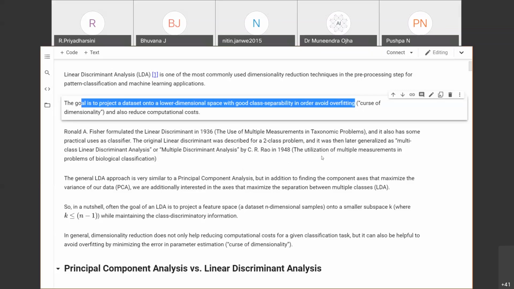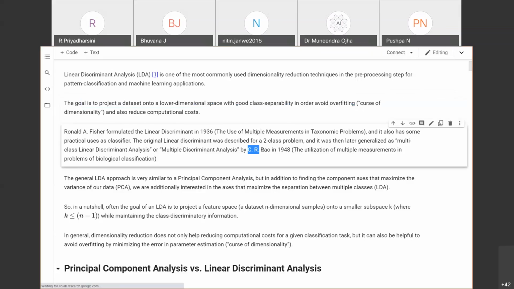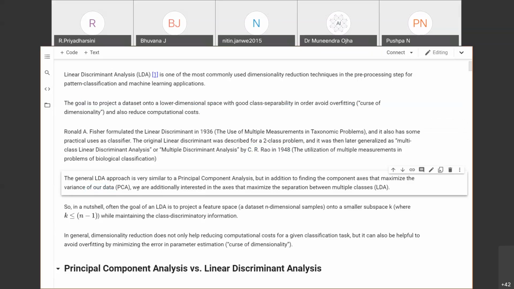The general LDA approach is very similar to principal component analysis, but in addition to finding the component axes that maximize the variance of our data, we are additionally interested in the axes that maximize the separation between multiple classes. That is the fundamental of linear discriminant analysis, LDA.